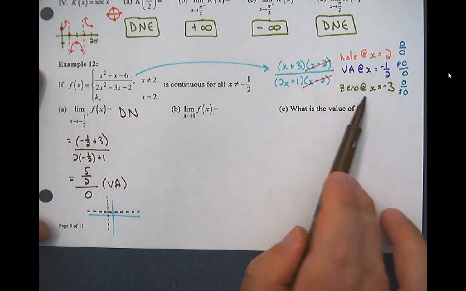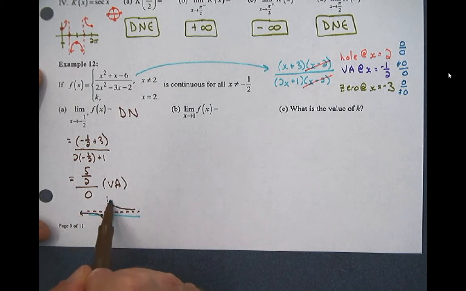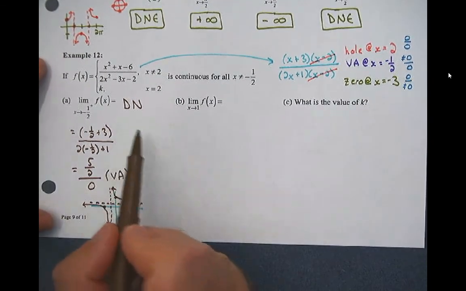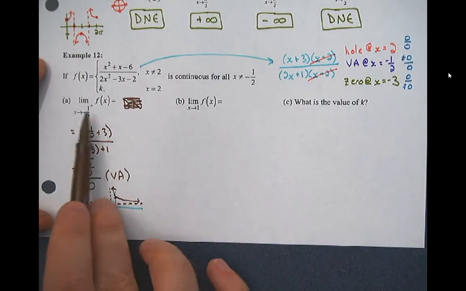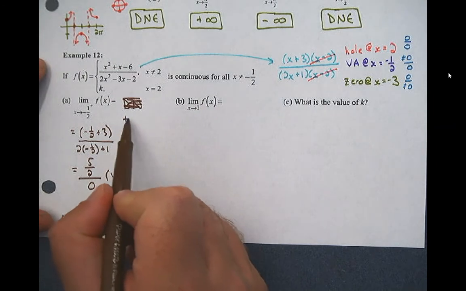I have a 0 at negative 3. We have a y-intercept at positive 3. So we can get a fairly quick sketch going here. And what would we get for our limit as we approach negative 1/2 from the right side? We would get positive infinity.